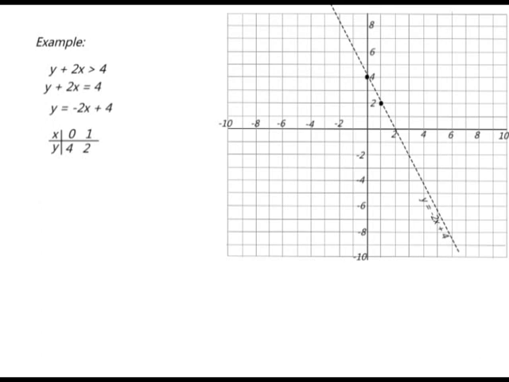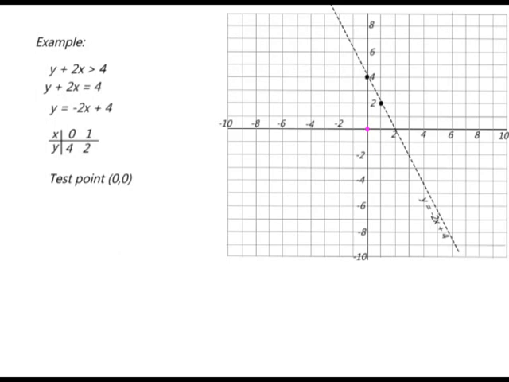For example, in our case, is the required region below or above the line? To test that, we choose any point anywhere. For me, it is always safer to choose the test point 0, 0 because it makes it easy to calculate. 0, 0 is below our line. Is it the required region?